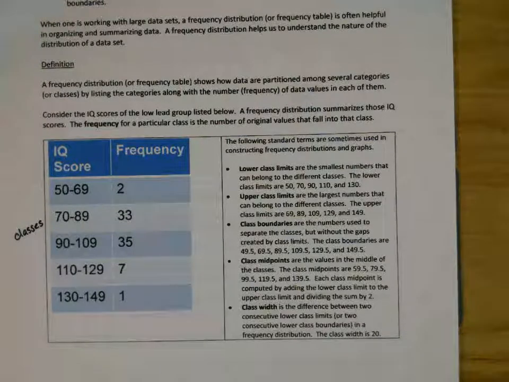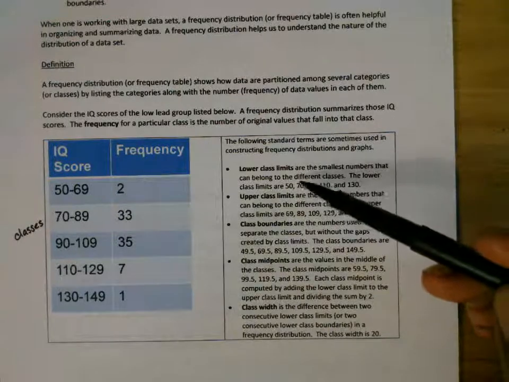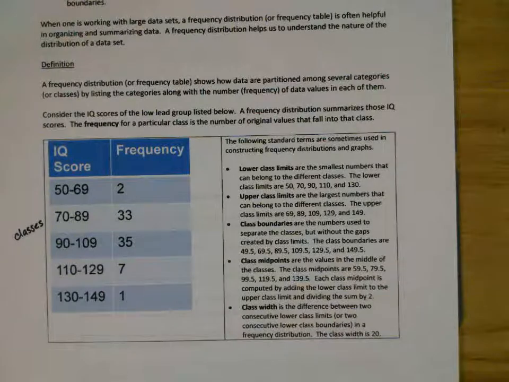Okay, so in a frequency table or frequency distribution, we can identify important things here. The following standard terms are sometimes used in constructing frequency distributions and graphs. One of them is the lower class limit. Your lower class limits are going to be the smallest number that can belong to the different classes.